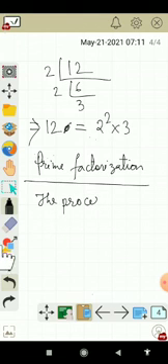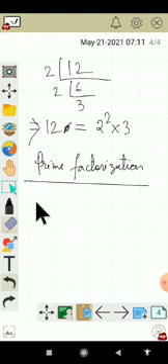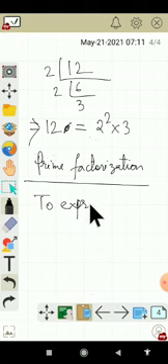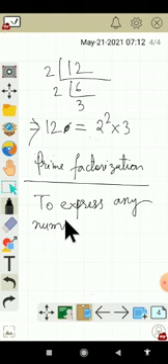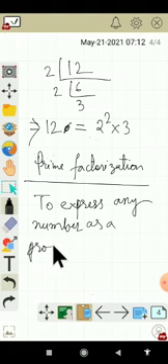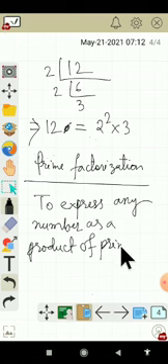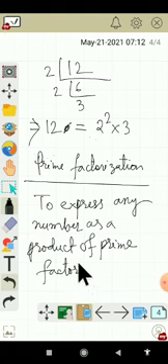To express any number as a product of prime factors is called prime factorization.